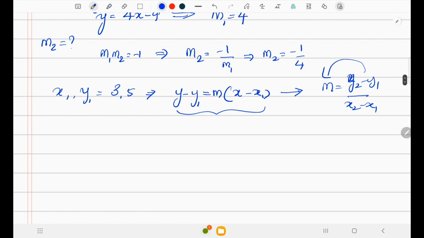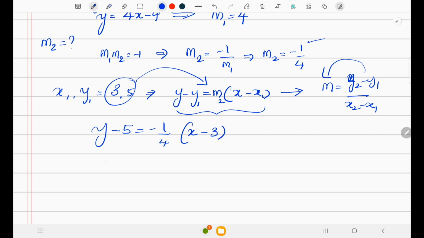Substituting the value of (3, 5) in this equation, we get y minus 5 equals m2, this is for m2. We are going to find the line equation of m2. What is m2? Minus 1 by 4 times x minus 3.